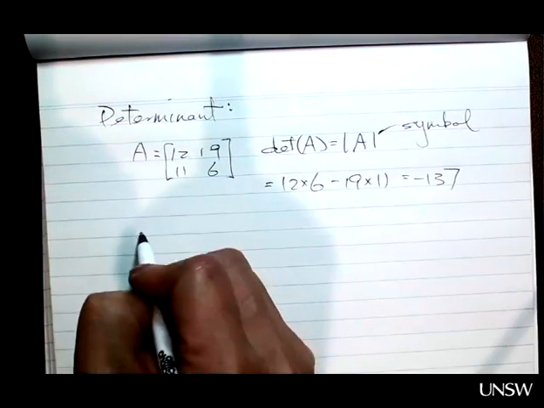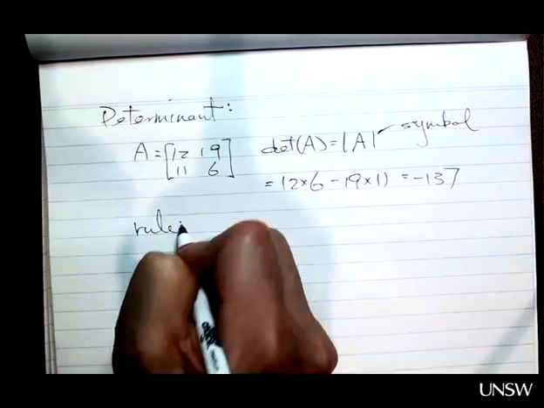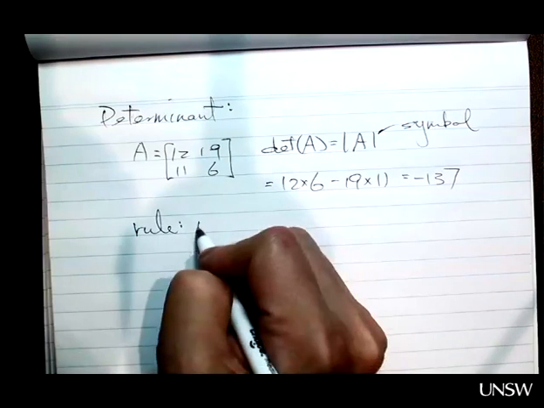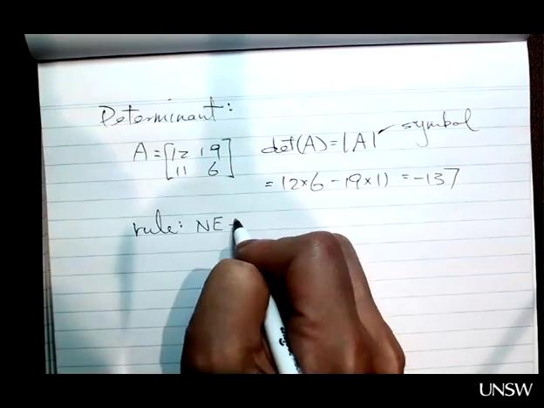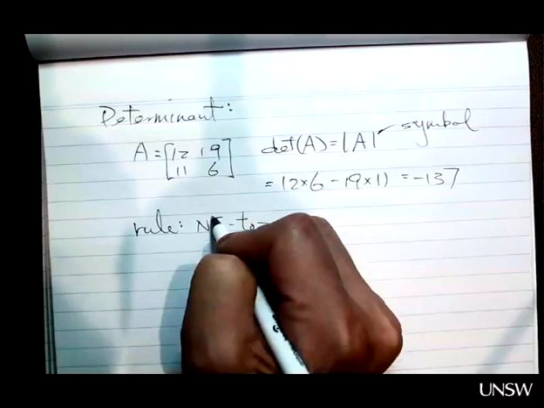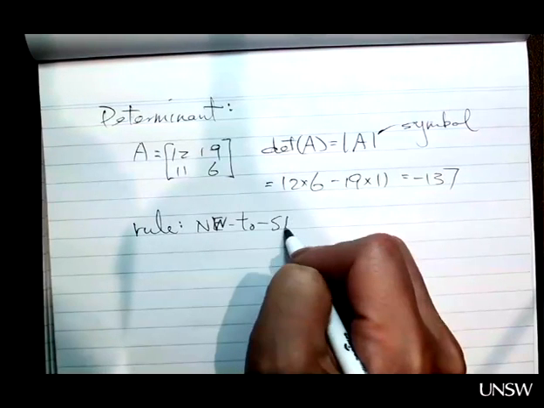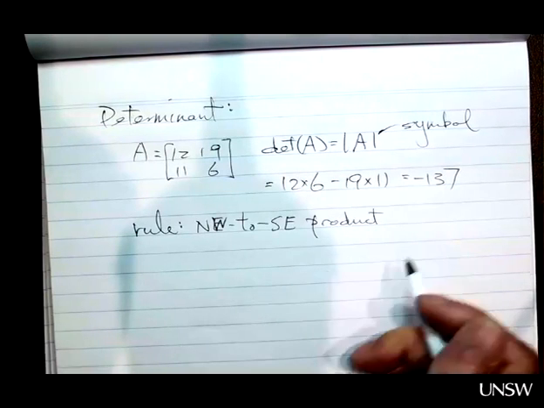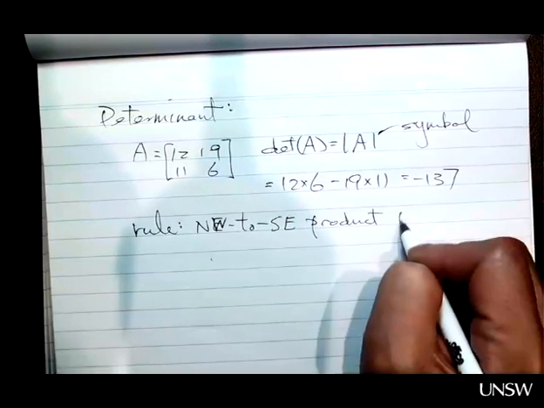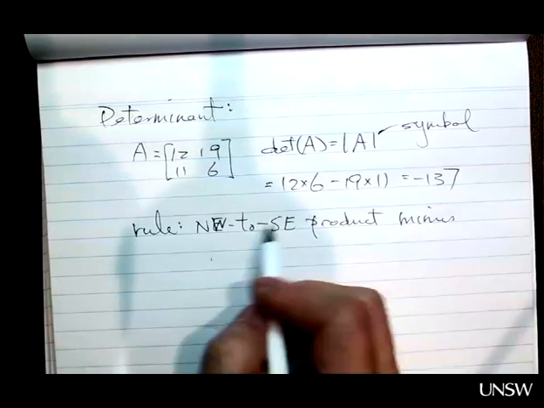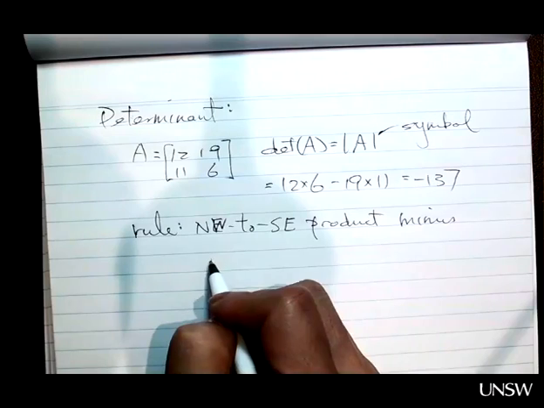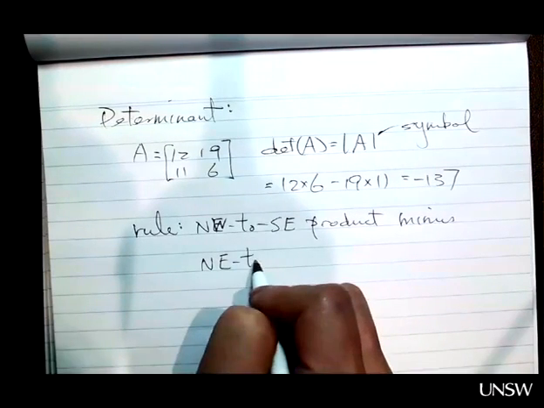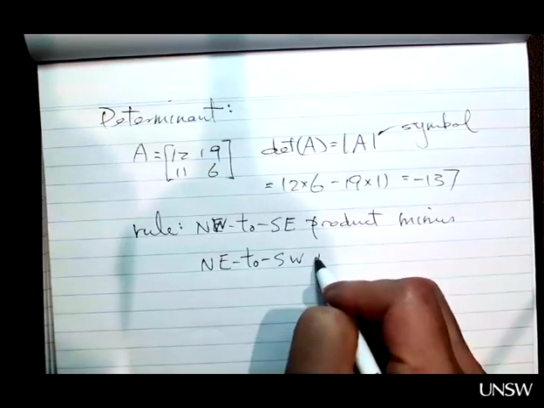So the rule is the northwest to southeast product, and then minus the northeast to southwest product.